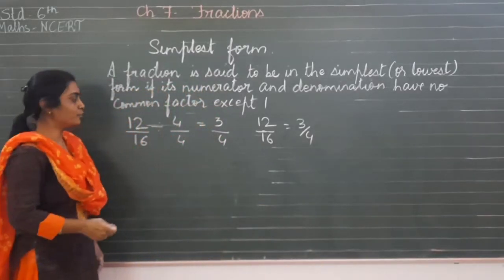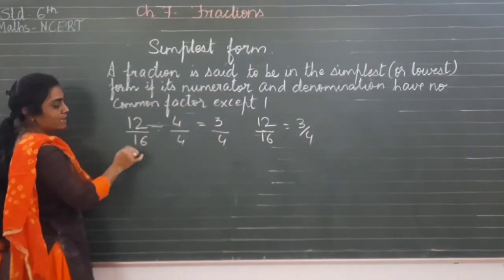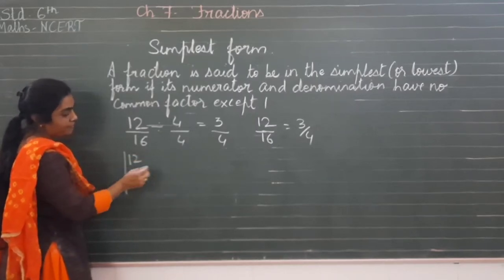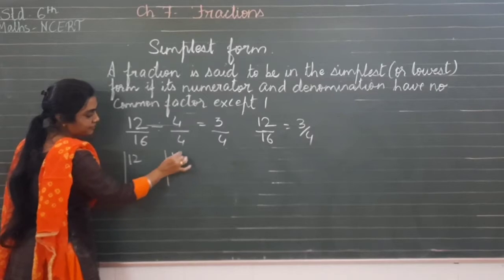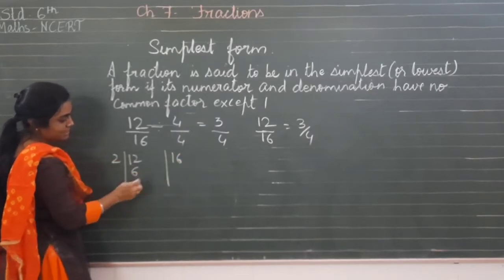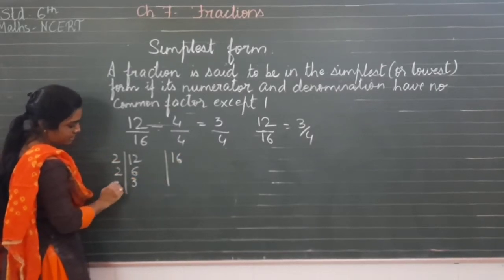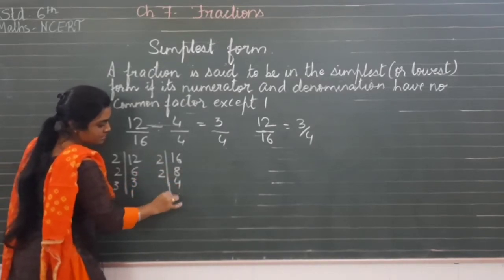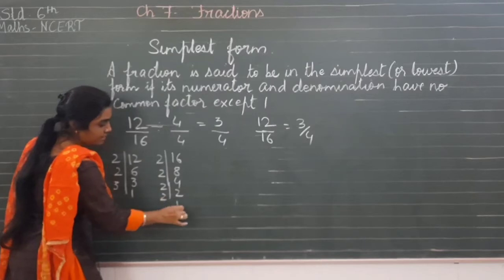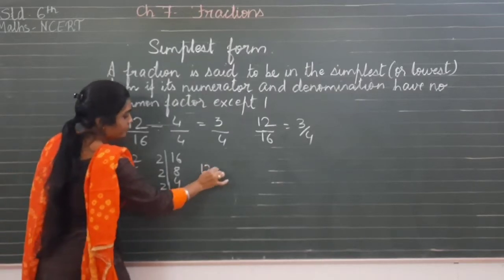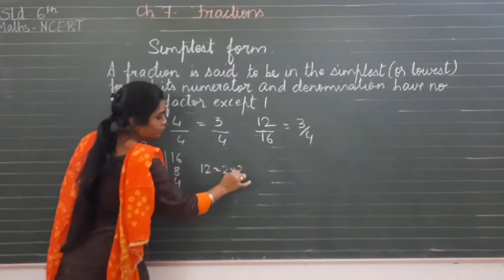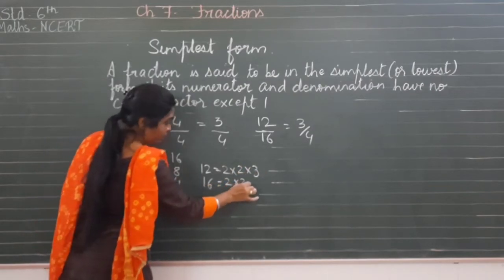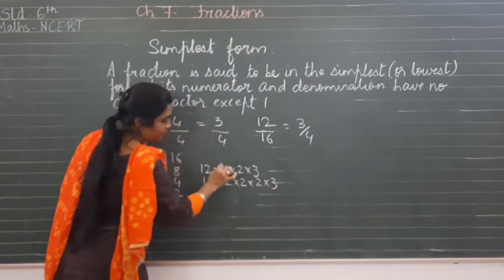Another method we can use is the HCF of 12 and 16. First we will find the HCF of 12 and of 16. 12 is 2 into 2 into 3, and 16 is 2 into 2 into 2 into 2.